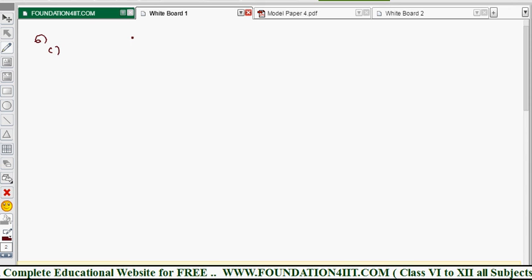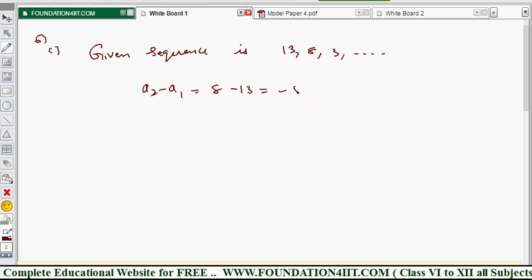Given sequence is 13, 8, 3, and so on. Then a2 minus a1, 8 minus 13 is minus 5, that is the difference d.